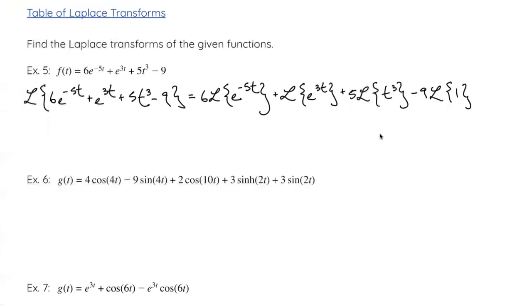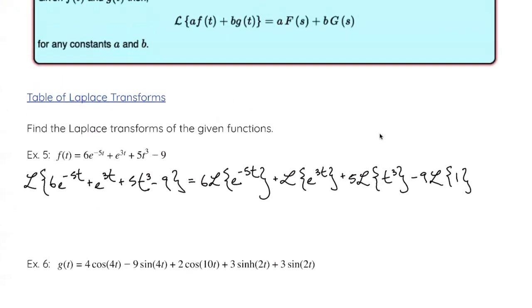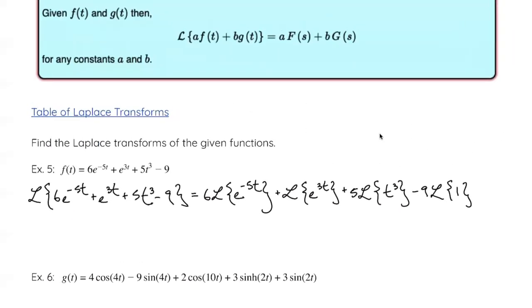So that fact that we saw above, which is called linearity, means that we could find each one of these and then string them all back together.